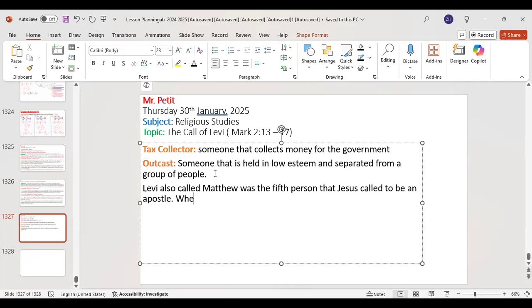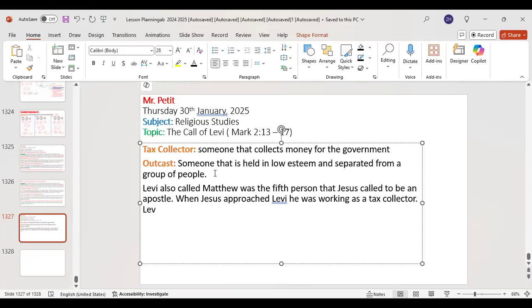Where was Levi when Jesus approached him? Where was he? What was he doing? Yes, when Jesus approached Levi, he was working as a tax collector.